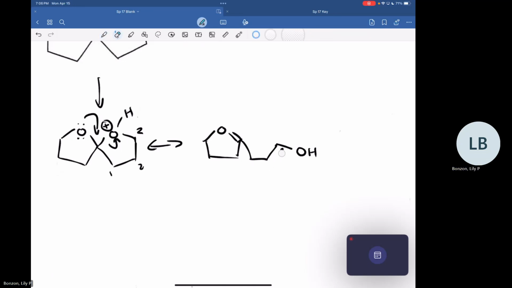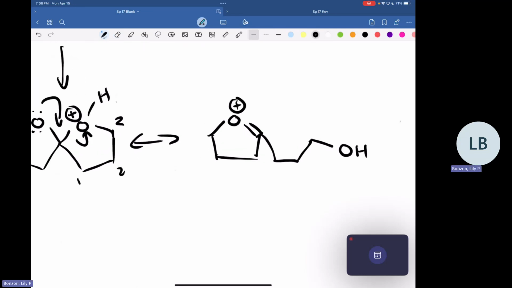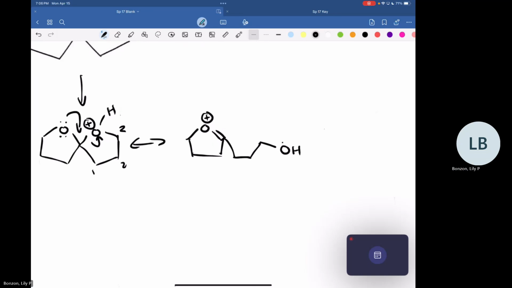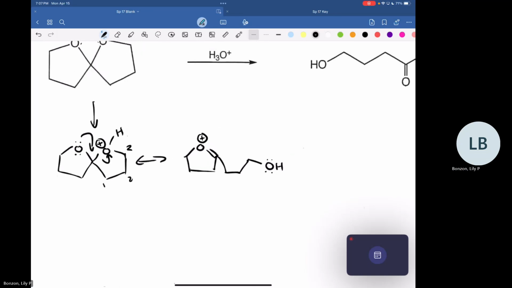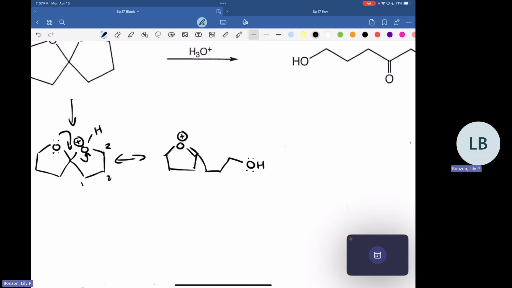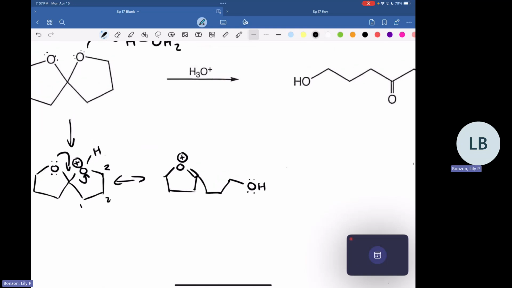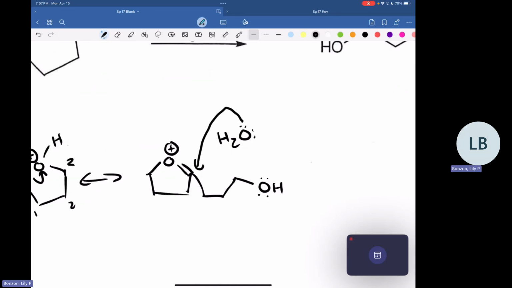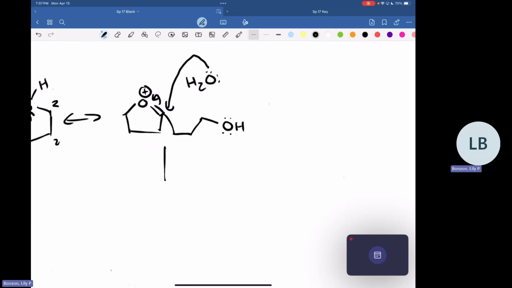Since this oxygen formed a new double bond and it's got 3 bonds, it's going to be positively charged. We need something to relieve this positive charge, so we can take H2O from our H3O+ reagent. This can attack the site with the O+, which kicks the O+ back out.